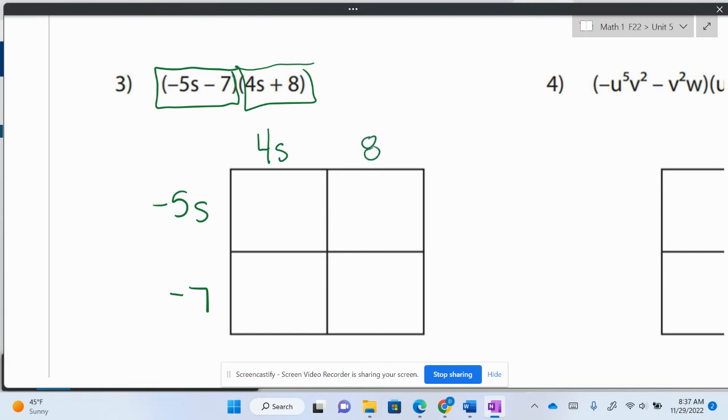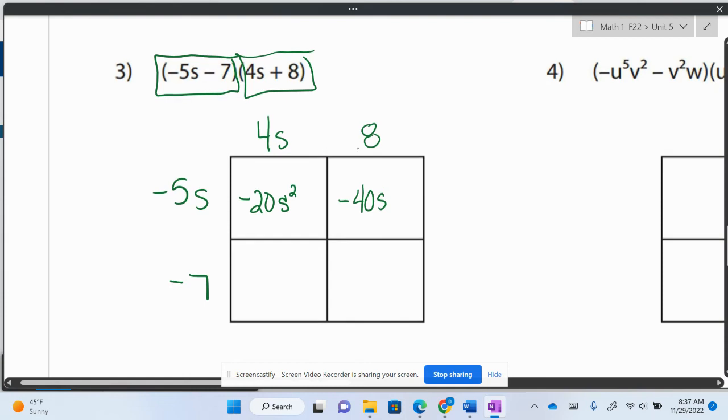Okay. So I have negative 5 times positive 4 gives me negative 20. And s times s is s squared. Staying with the top row, I have negative 5 times a positive 8 gives me negative 40, and the s comes along for the ride.